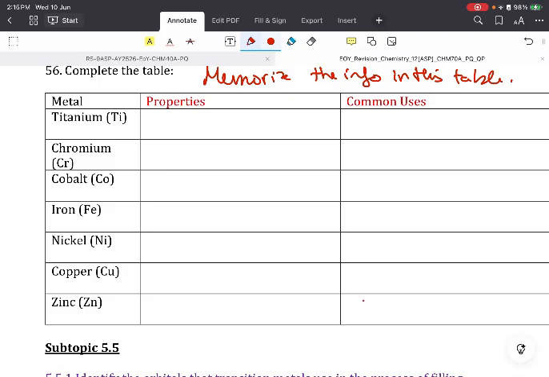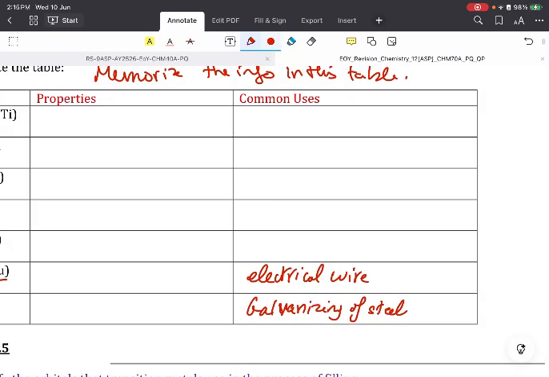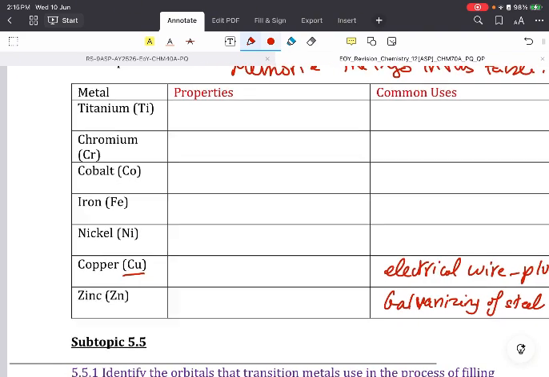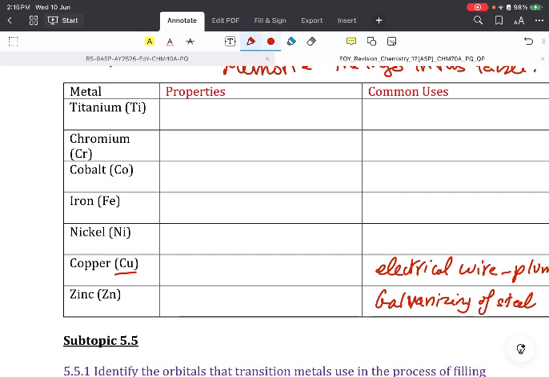Zinc is well known to be used for galvanizing of steel. Copper is used in electrical wires, plumbing as well. All the electricity and the wires are made up of copper. Cobalt is well known to be used in batteries.